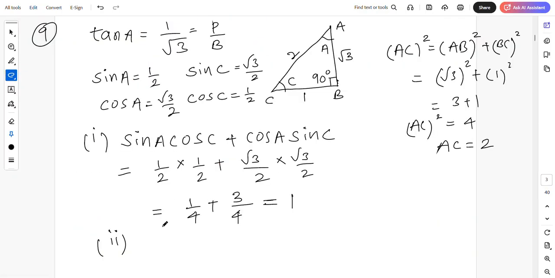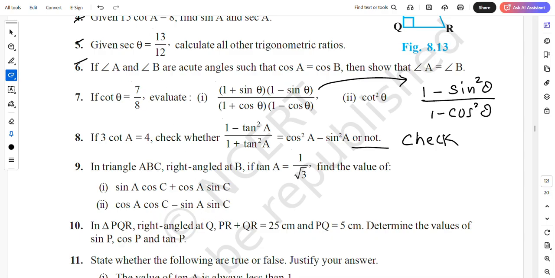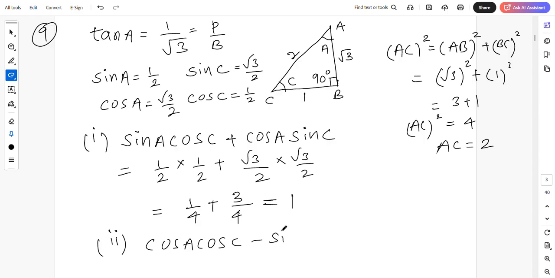Now, the second one, what they are asking us to calculate: cos A cos C minus sin A sin C. How much is cos A? Cos A is root 3 by 2, into cos C, which is 1 by 2, minus sin A, which is 1 by 2, into sin C, which is root 3 by 2.